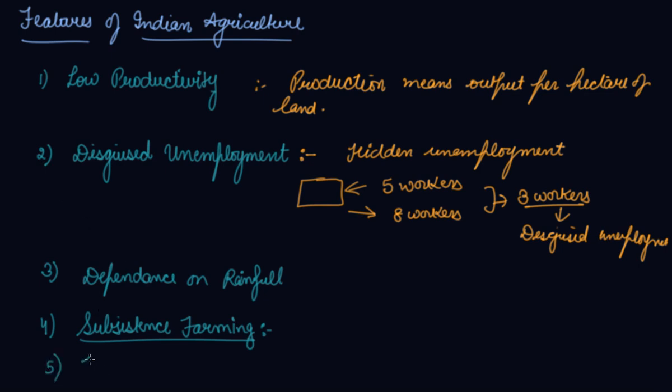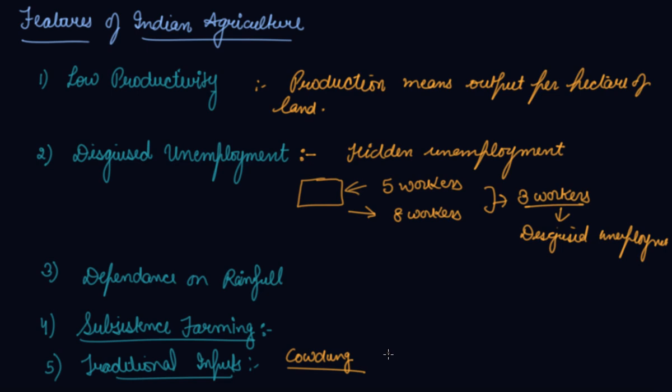The fifth is traditional input. Many of the farmers are still using cow dung as the manure or fertilizer, whereas modern inputs like chemical fertilizers, insecticides, and pesticides are not broadly used by the farmers.